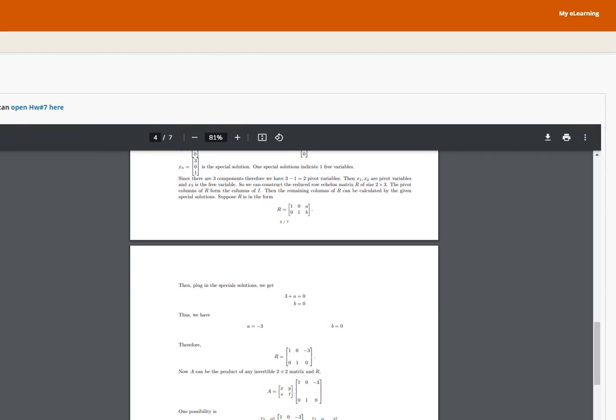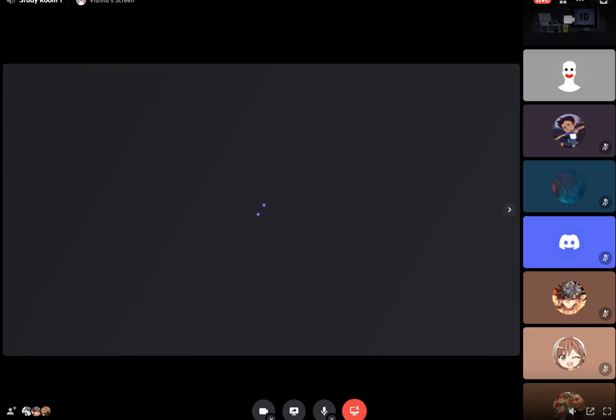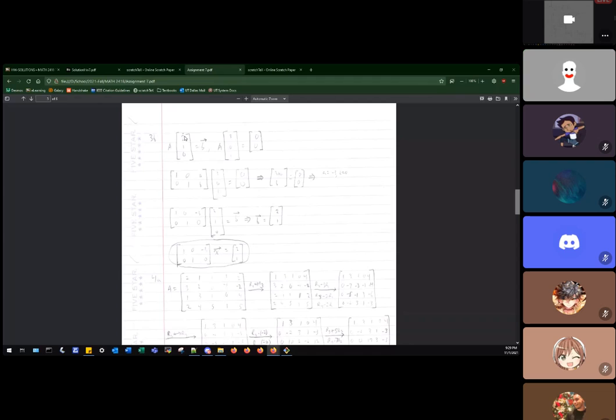It's pretty easy actually. With the particular solution, the variable corresponding to the last column has a 0, which in this case indicates that the last column is free because we know it's a 3 by 2. If it's a 3 by 2 and the last column has 0, that means the last column is probably free.